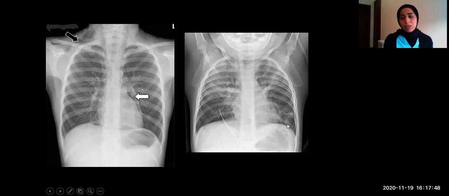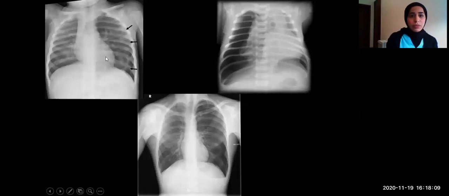Atelectatic bands are also noted here. These all are sequelae of bronchiolitis and hyperinflated lung with subsequent rupture and pneumomediastinum and subsequent infection, and superimposed bacterial infection should be suspected in similar scenarios.